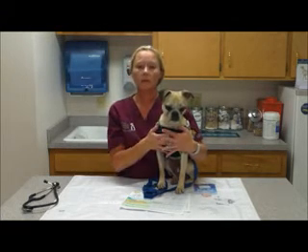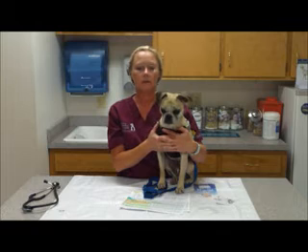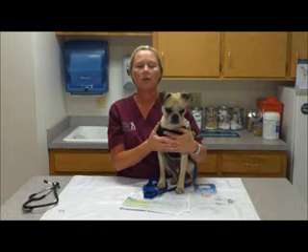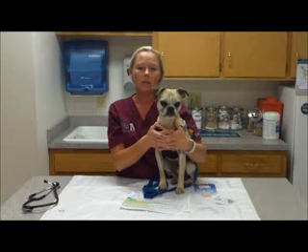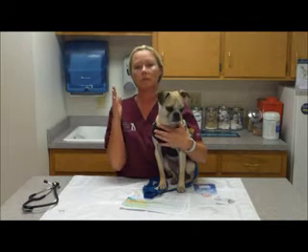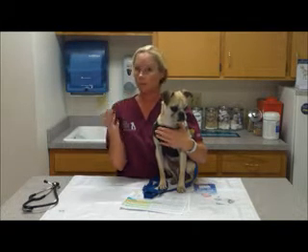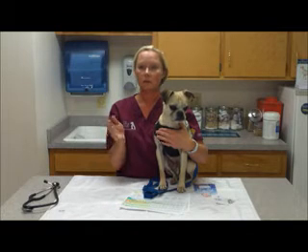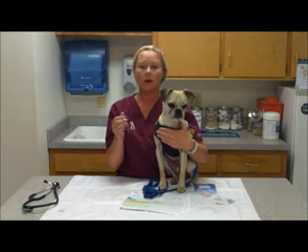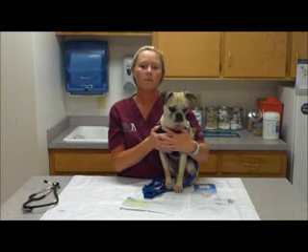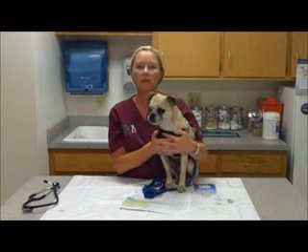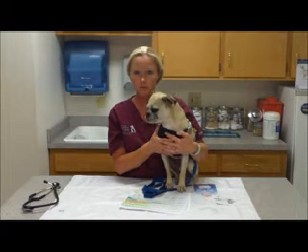A pulse ox is the other thing that's on there, and that is an estimate of the saturation of hemoglobin. During oxygen administration, you want it to stay above 95. During a procedure, when it starts getting low, that's very concerning. If it gets down to less than 85 for greater than 30 seconds, that is a severe medical emergency.